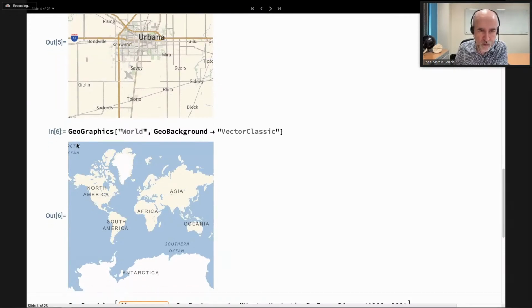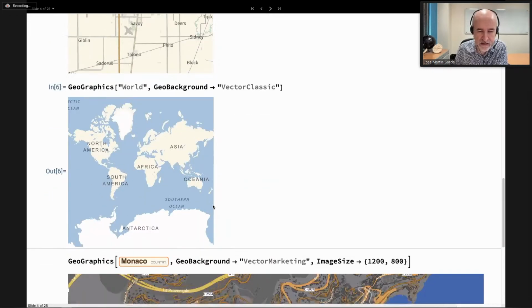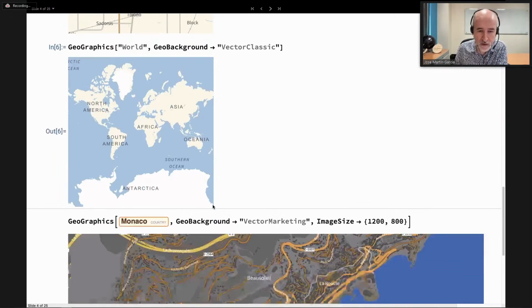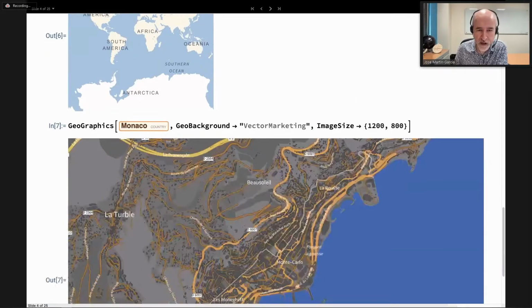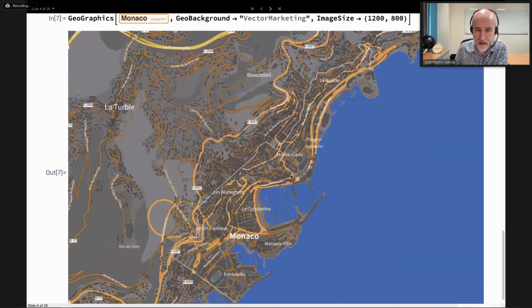Now, when we say here world, we use the standard minus 180 to plus 180 longitudes view of the world, or we can choose a larger area, like, for example, the country Monaco that we get here. And so this is all formed by vector primitives.